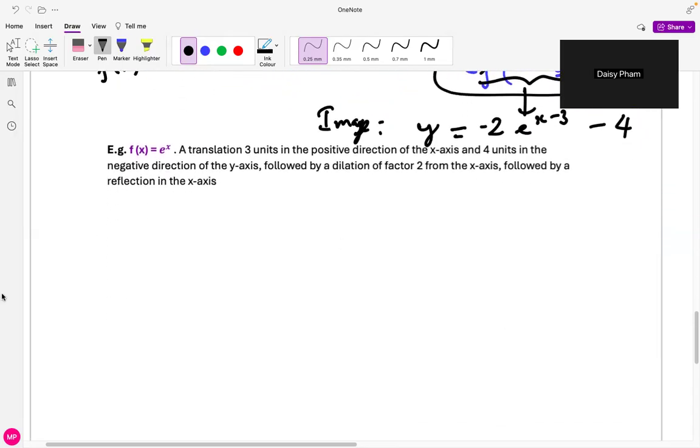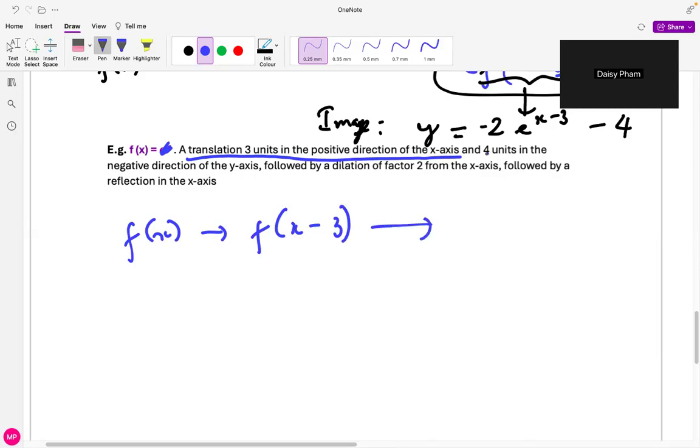Similar to this question here, but this time they change the order around. So we always start with f of x. We just forget what it is for now. Then we just do normal. A translation 3 units in the positive direction of the x-axis. So this means x will become x minus 3. 4 units in the negative direction of the y-axis.